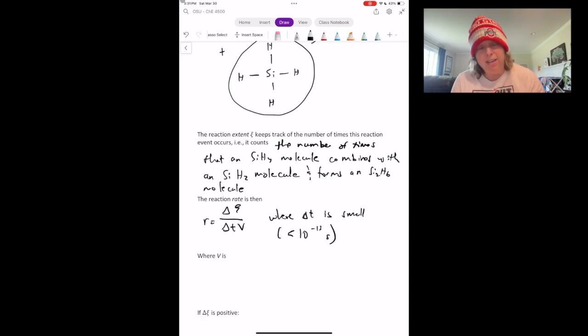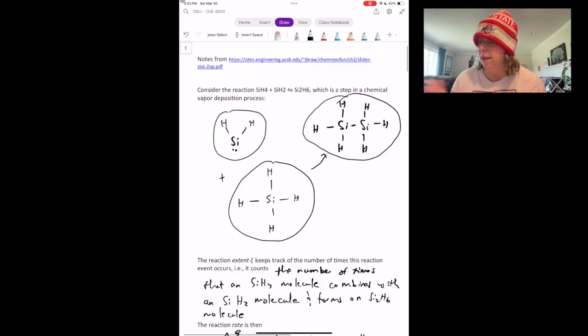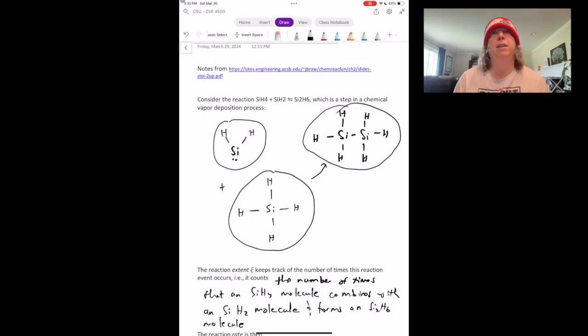So V is volume, and volume, on the other hand, also has some constraints here. So thinking about the molecular level, if I go back up here to this drawing, the volume must be large enough that I can fit multiple molecules in it, right?